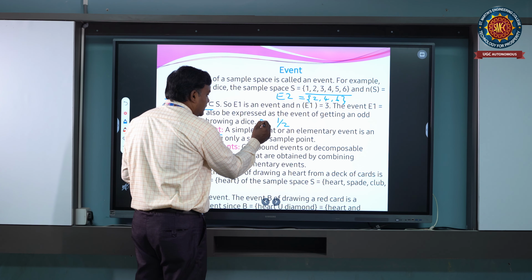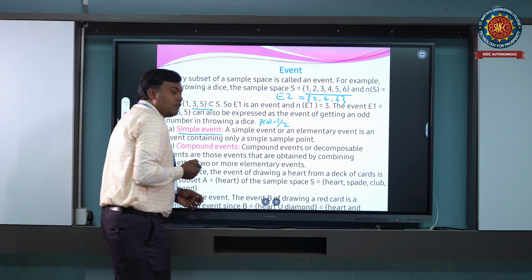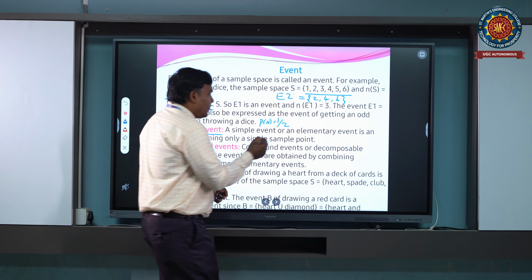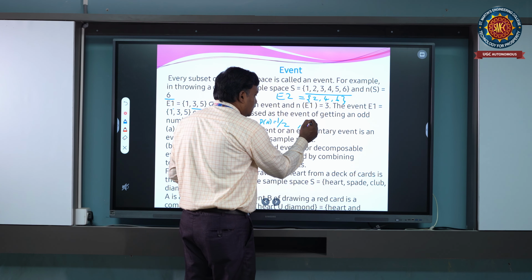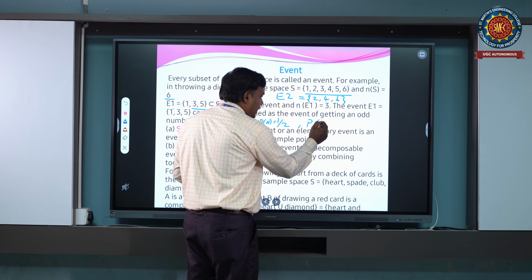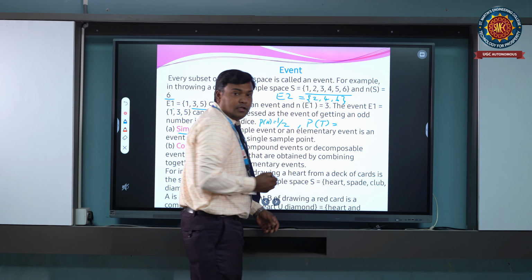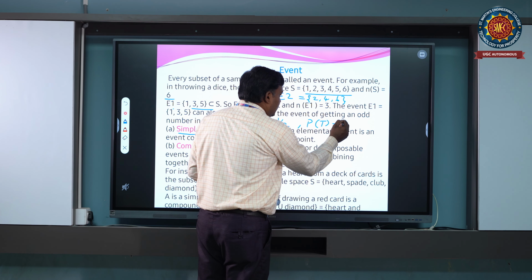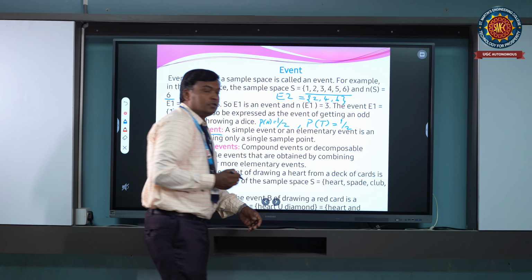This is indicated by P of H. P of H is equal to 1 by 2. Similarly, probability of getting tail will be indicated with 1 by 2.